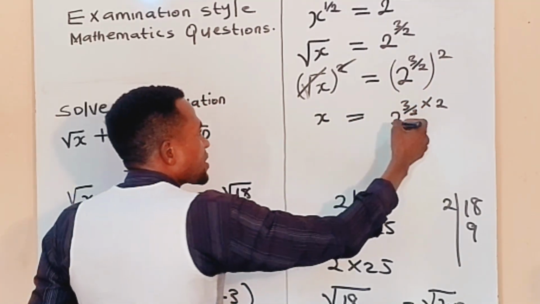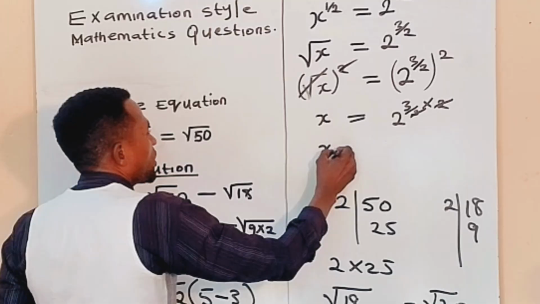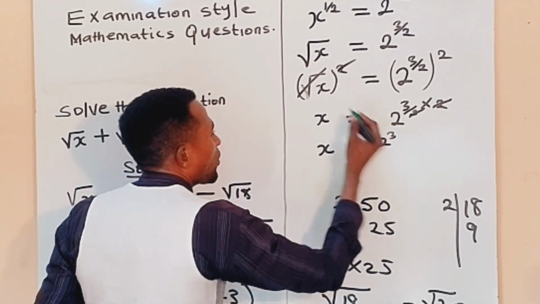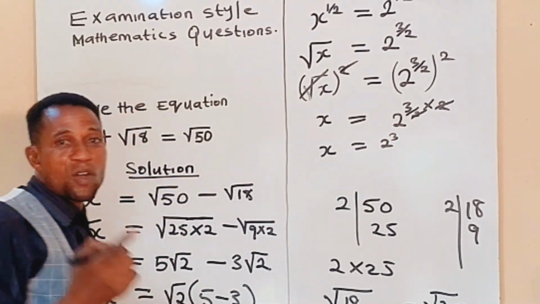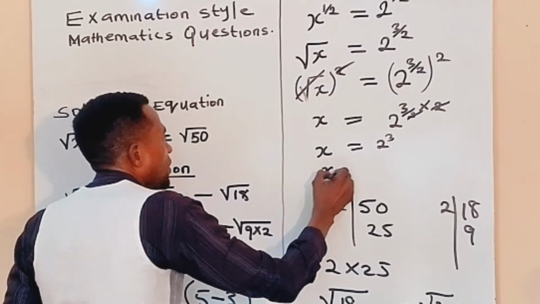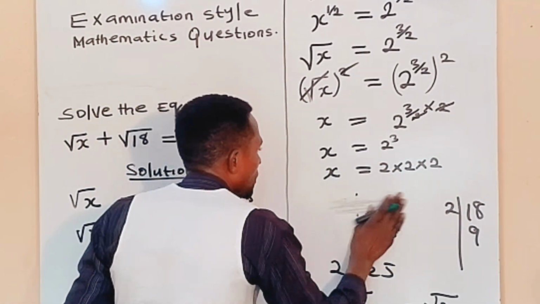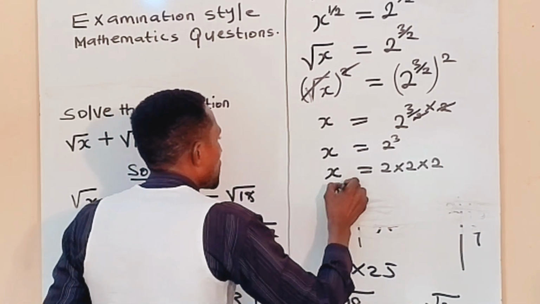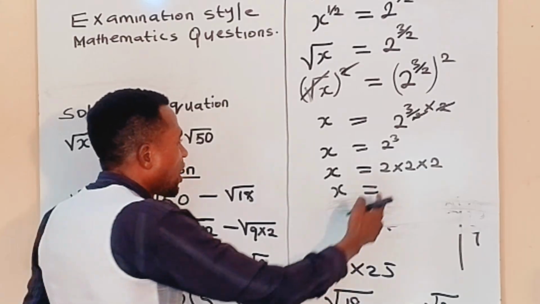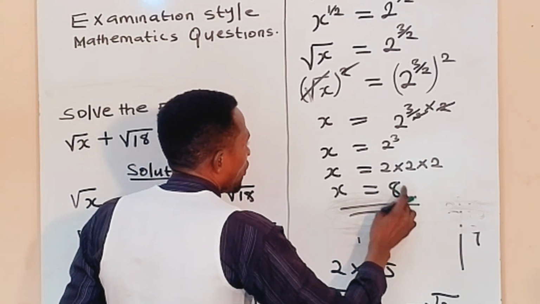We open the brackets. And of course, this 2 and this 1 will go. We are left with x equal to 2 raised to the power of 3. And 2 raised to the power of 3 means 2 times 2 times 2. Two times 2 will give us 4. And then that 4 times 2 will give us 8. It means that the value of x is 8.